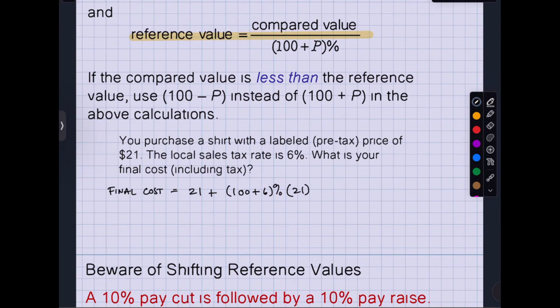Hmm. Sorry. There we go. Or better yet, here, let me do it this way.